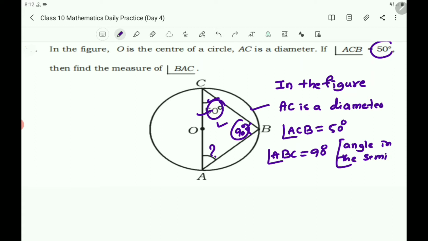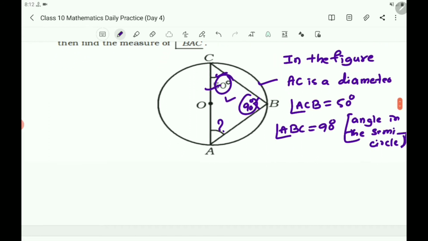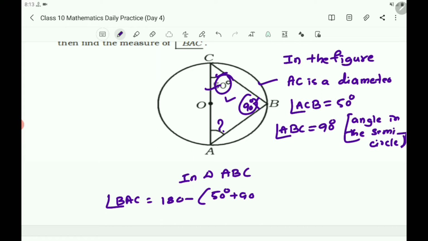Therefore you take in triangle ABC, angle BAC equals 180 minus the sum of 50 degree and 90 degree.